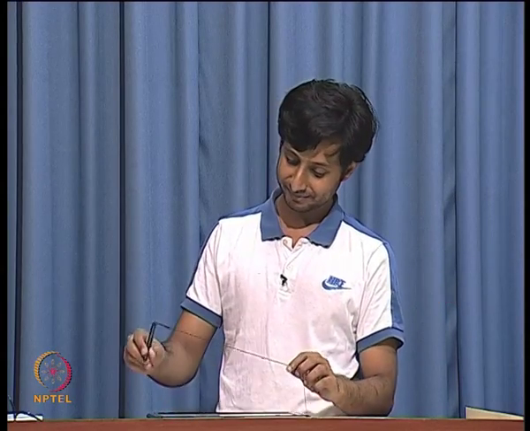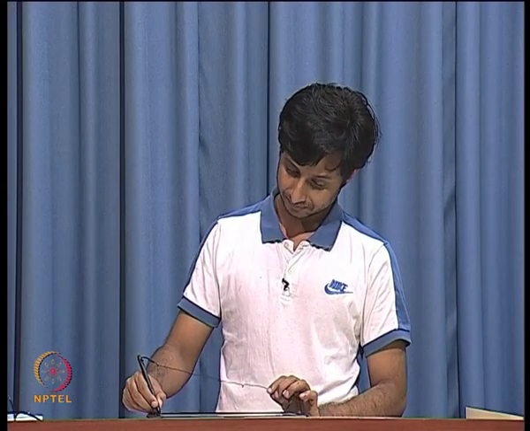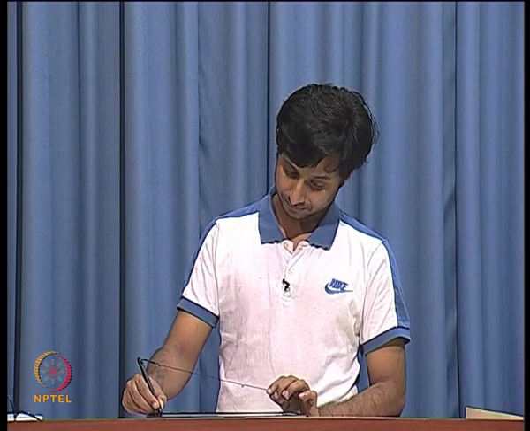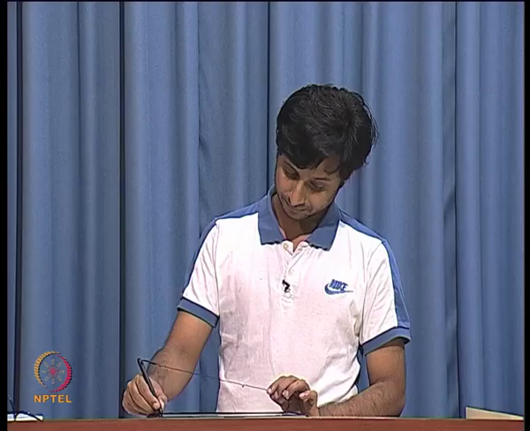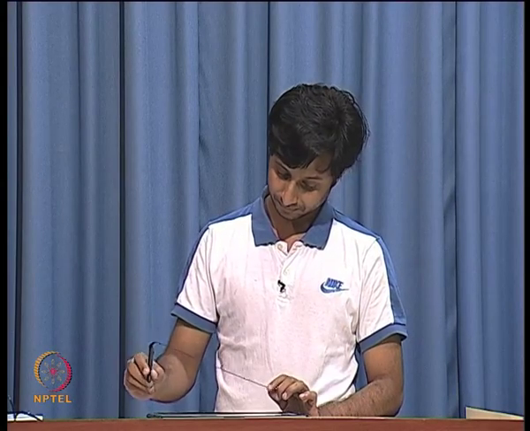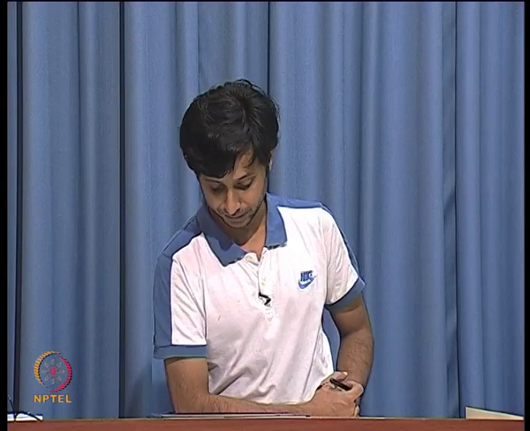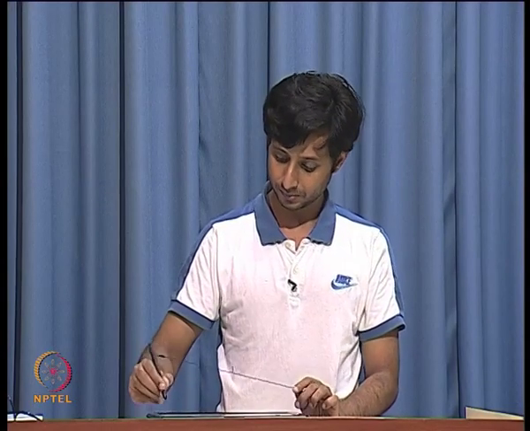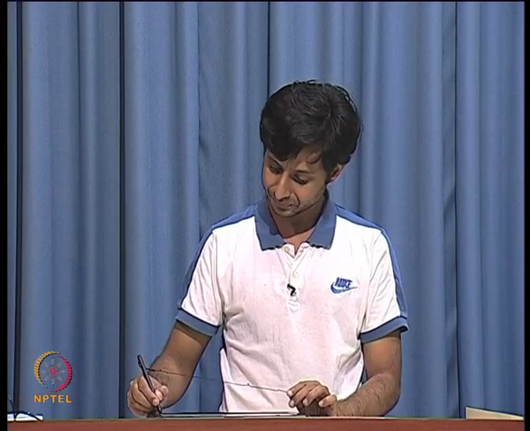Am I right? So, C s is going to be equal to C p times 1 plus Q squared by Q squared. So, the impedance is going to decrease, which means the capacitance is going to increase a little bit in the series case.